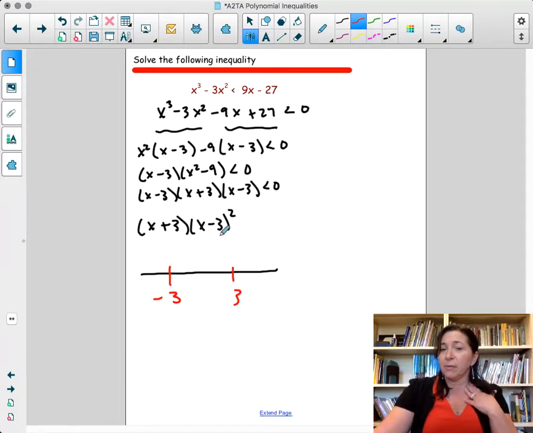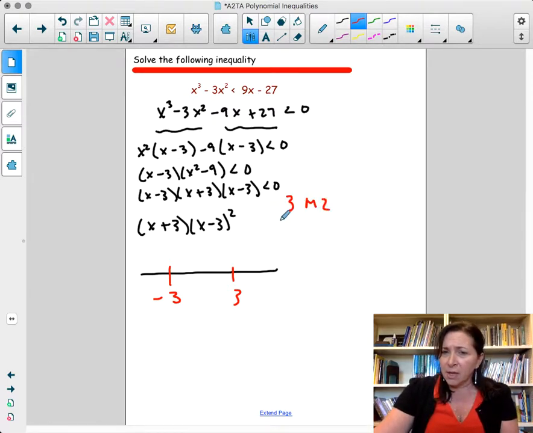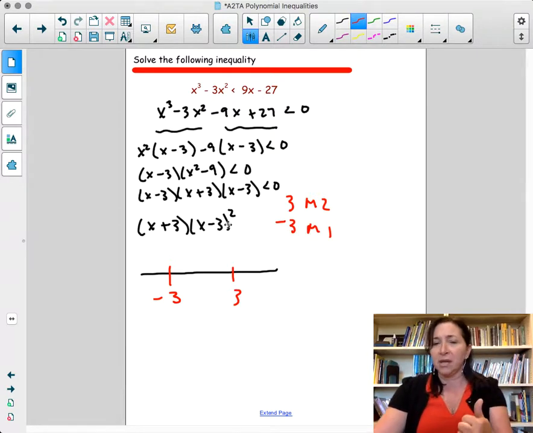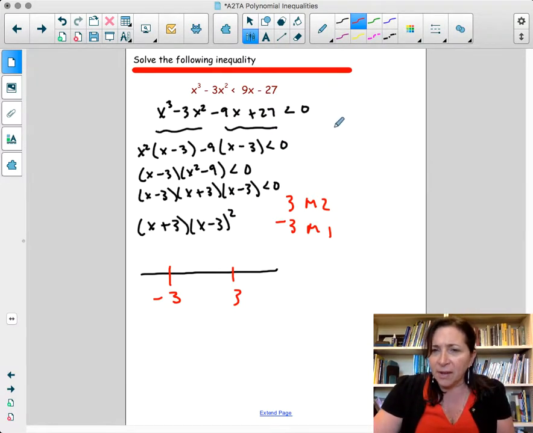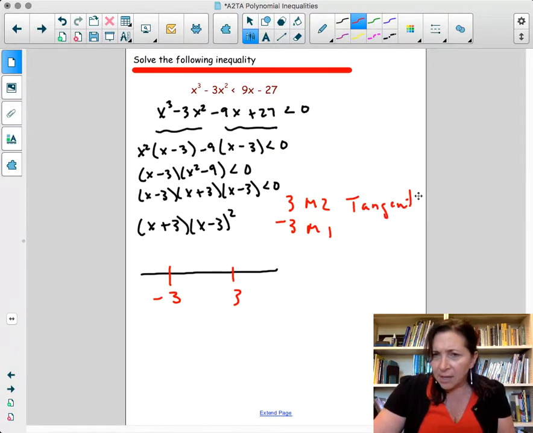But remember, I actually have 2 of this. So my roots: I have 3 with a multiplicity of 2, and I have -3 with a multiplicity of 1. Multiplicity of 2 means I have a square value, an even value. So what's happening here is that my graph is tangent here, and it crosses my x-axis here.